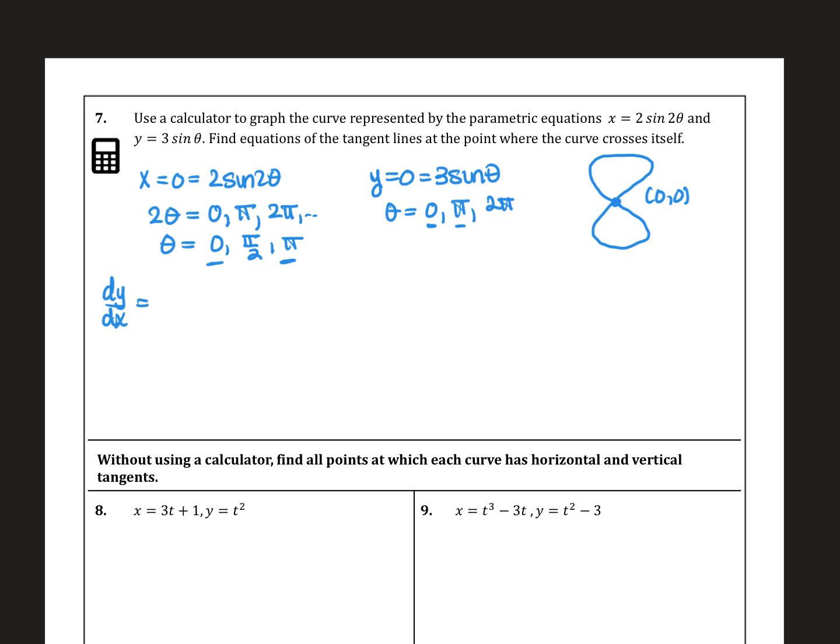So the derivative would be dy/dx, which is 3 cosine theta over dx/d theta, which is going to be 4 cosine 2 theta. And we're going to evaluate this at 0. So the first one's going to be 3/4. We're also going to evaluate this at pi.